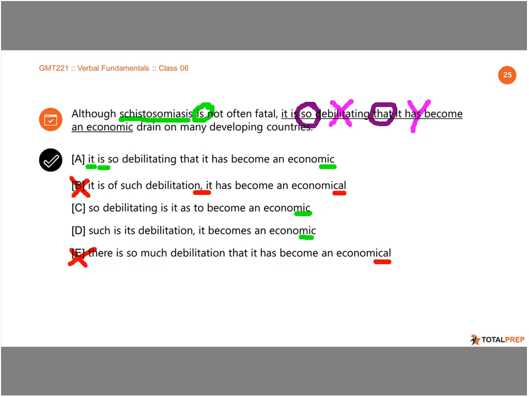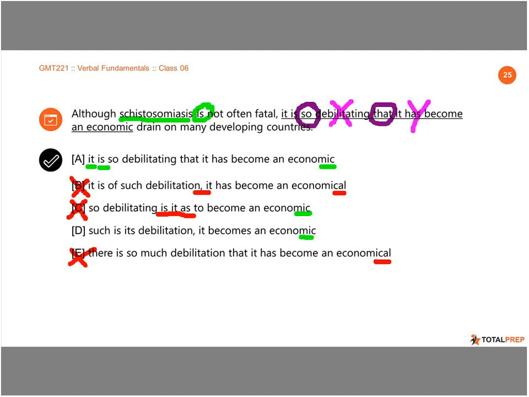But let's talk a little bit about B. It is of such debilitation, and I would need "that" over here. Such and that would work together as well. But the problem is that I don't have "that" and "economical." C. So debilitating is it as to become an economic.